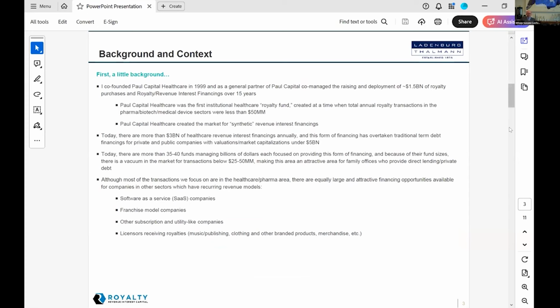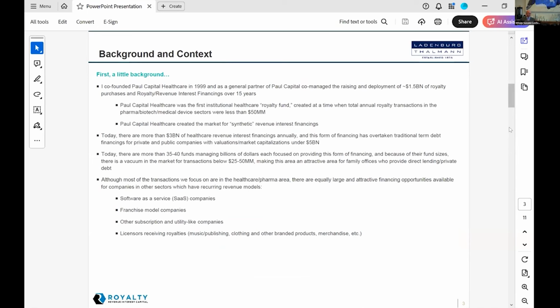Start out just with a little background. I co-founded Paul Capital Healthcare in 1999, 25 years ago, and as a general partner of Paul Capital, co-managed the raising and deployment of about $1.5 billion of royalty purchases, meaning uncapped, as well as these royalty revenue interest financings over 15 years.